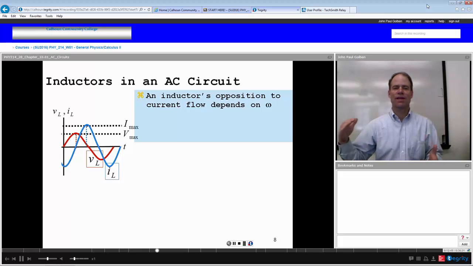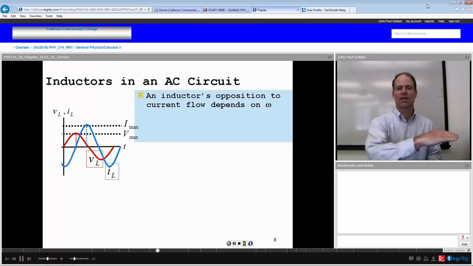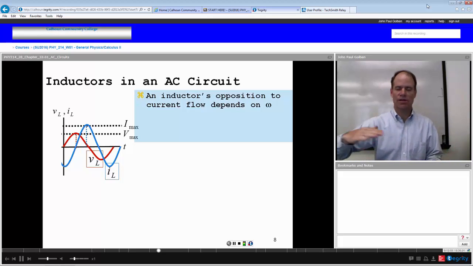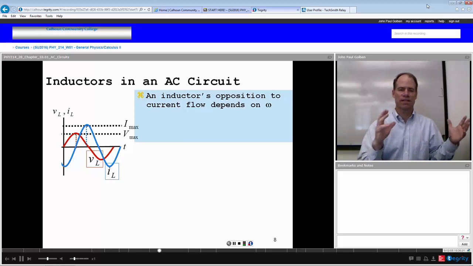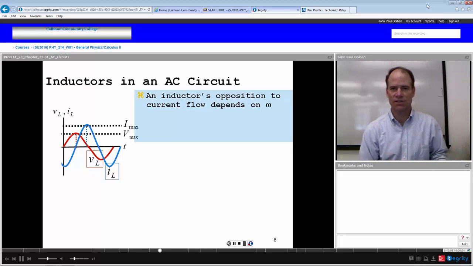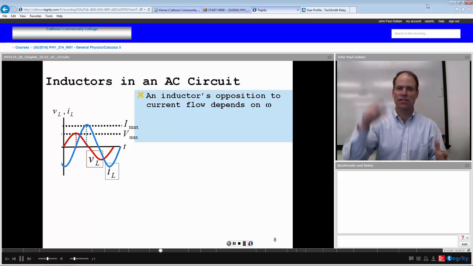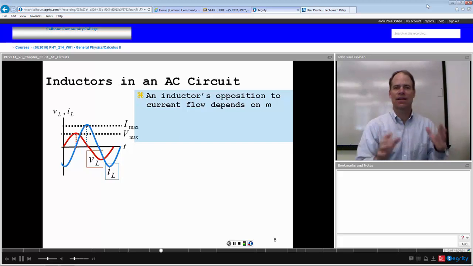So if we had a DC current going in our circuit, that would never change. That's direct current, that's constant current, and hence the inductor would have basically no influence on that circuit. Whereas if we had a current that was changing a lot, then the inductor is going to have a lot of influence on that circuit because its voltage is proportional to the change in current per time.